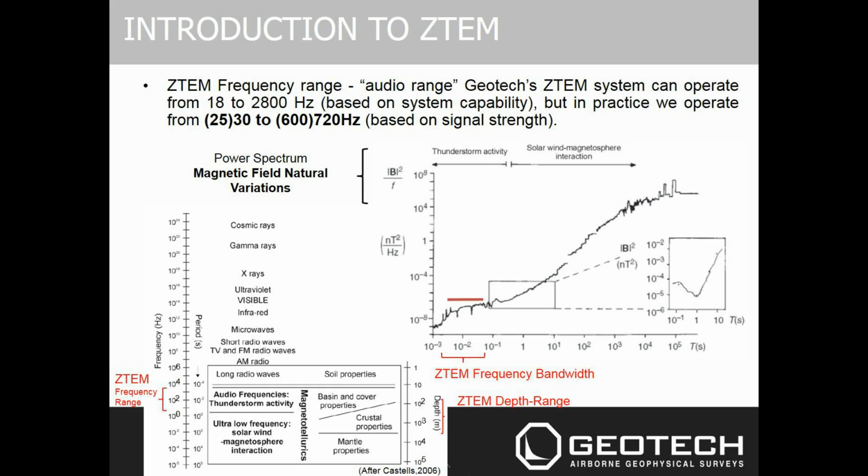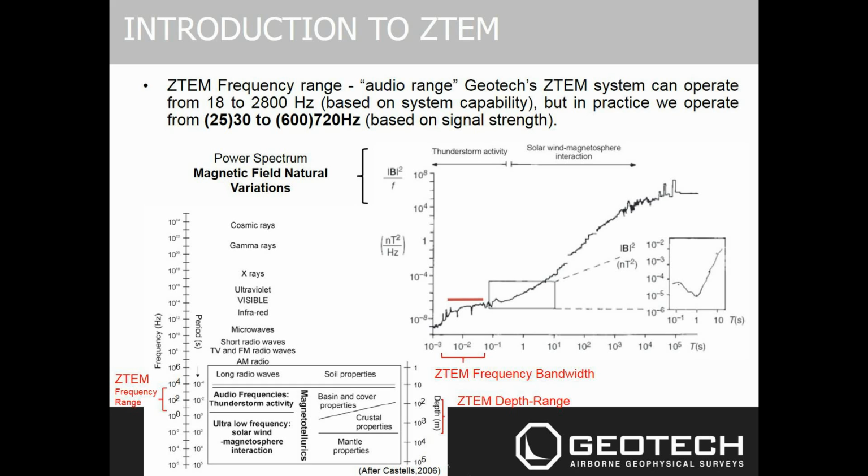So the signal in AFMAG or ZTEM is the spheric noise in other EM systems. The current version of ZTEM AFMAG extracts the frequencies between 22 and 2800 hertz. The usable frequencies tend to be in the range of 30 to 720 hertz or 25 to 600, depending on where in the world you are.